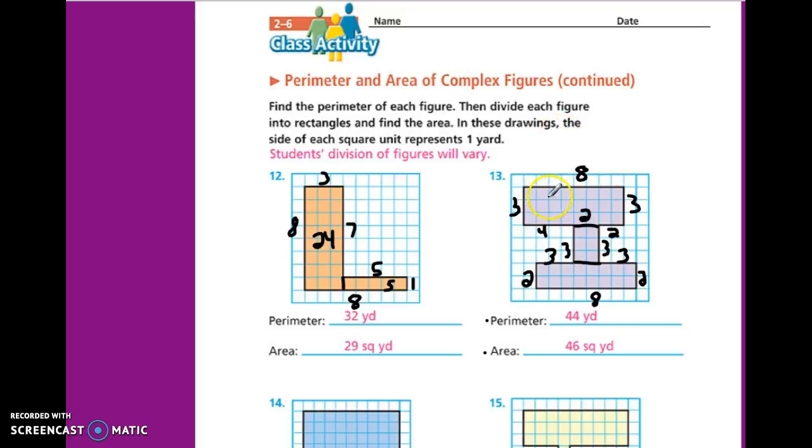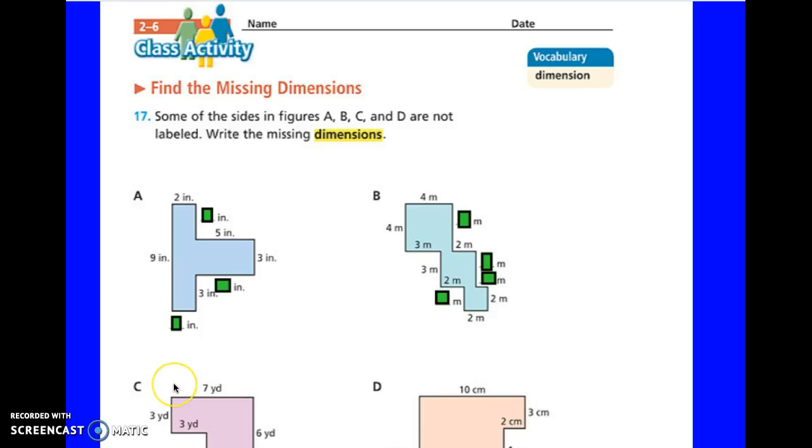So 8 times 3 is 24, so this big box is a 24. 2 times 3 is 6. And then 8 times 2 is 16. So you would have needed to add 24 plus 6 plus 16, which would give you that total area of 36 square yards.